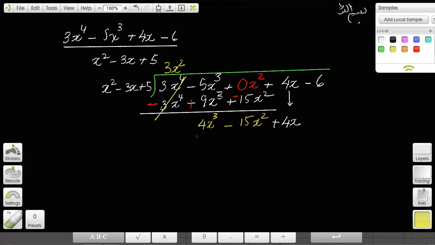Now, what do I have to do to x squared to get 4x cubed? Well, I have to multiply it by 4x. So now I'm going to take this 4x and multiply to each one of these 3 terms, and I put that down over here. So 4x times x squared will give you 4x cubed minus 12x squared plus 20x.